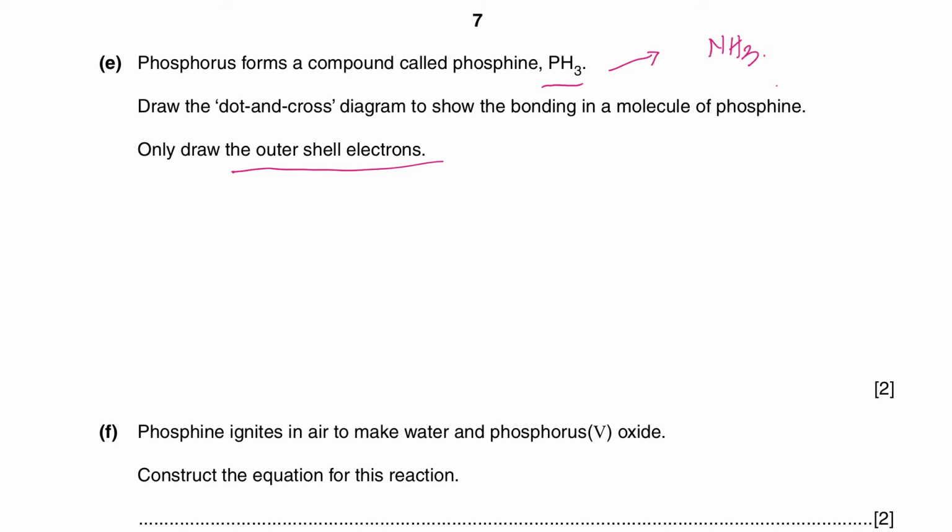So phosphine is very identical to ammonia, where phosphorus is very identical to nitrogen. That's phosphorus, that's hydrogen, that's another hydrogen, that's a third hydrogen, and we have crosses for hydrogen and circles for phosphorus. Take care.